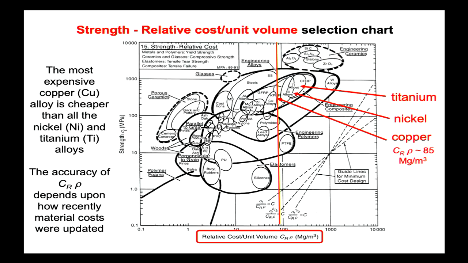That's just part of the learning I would hope that you would achieve. Sometimes I don't put what Cu is, because I just expect that copper is something that everyone would be appreciative of. So the most expensive copper is cheaper than a lot of other stuff within that envelope.